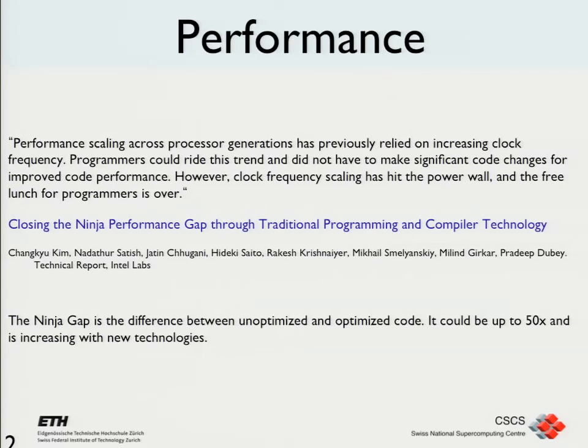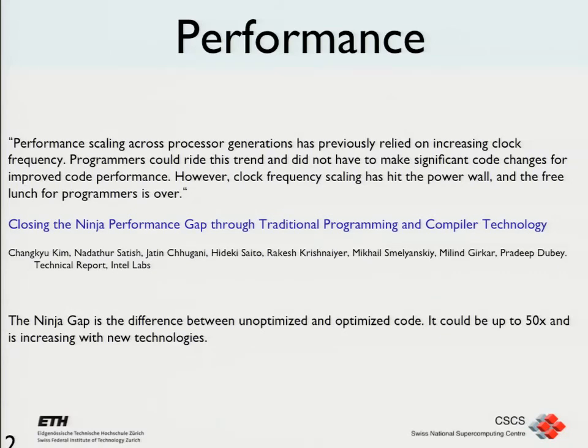A few years ago, less than 10 years ago, clock frequency scaling hit a power wall, and the programmers could no longer rely on this increase of frequency to scale their code. So now they claim that the free lunch is over.